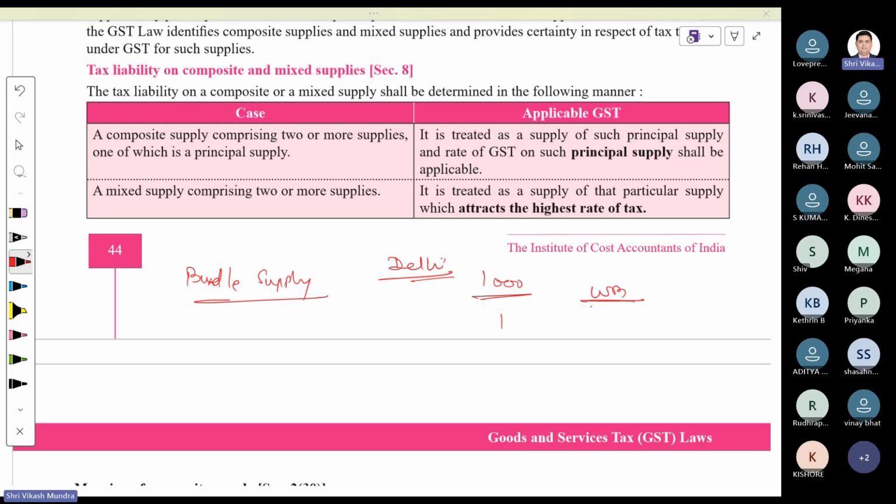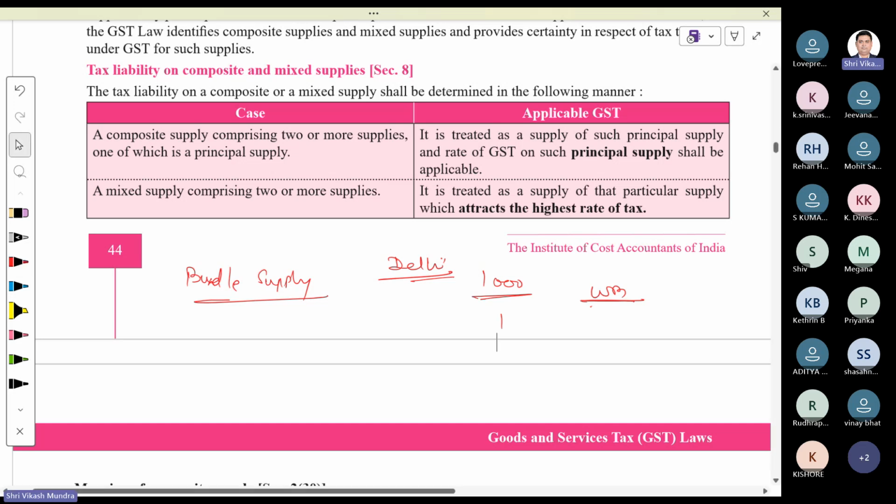Which are part and parcel of the service or goods? Apart from this, whatever goods or services you are supplying, it is covered under the GST. That means except alcohol, liquor for human consumption, petroleum, and the few activities which are covered in the negative list. Apart from that, everything is covered under the purview of the GST. Clear?